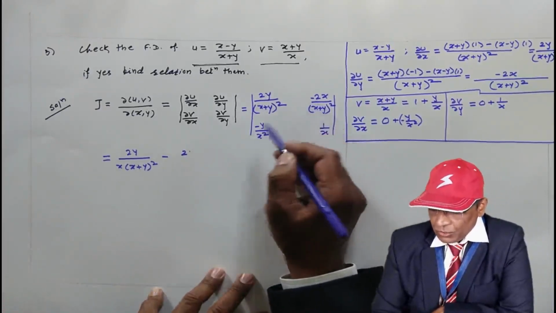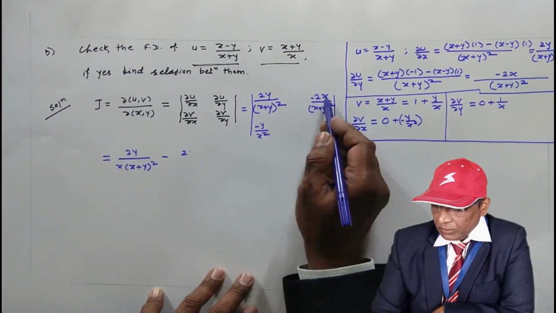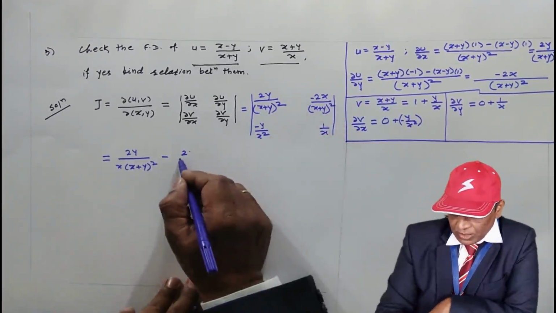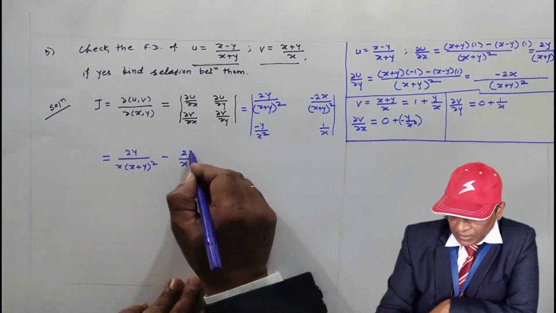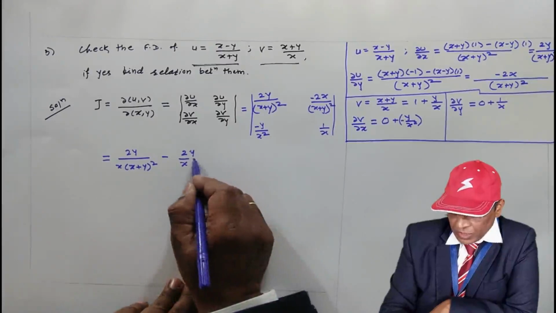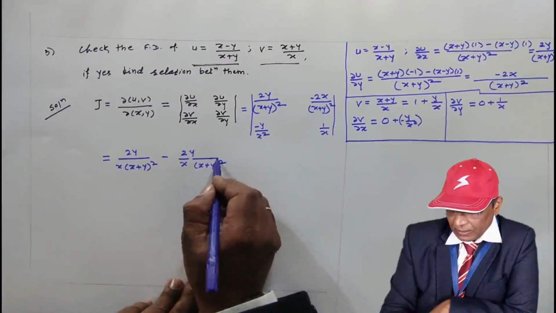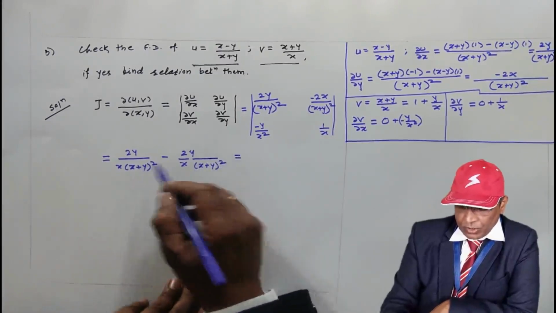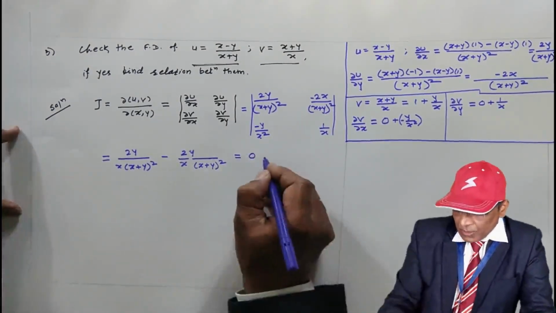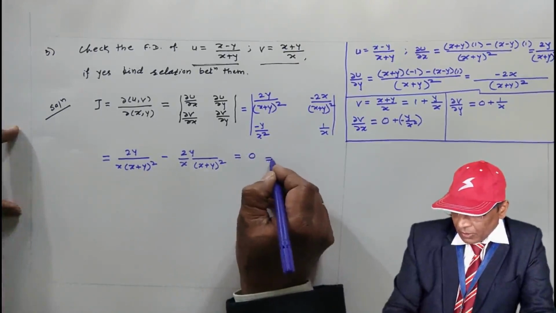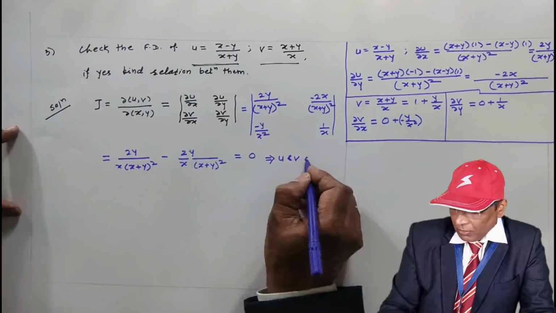If you multiply these two, minus minus will be plus, 2 I am writing, and 1 x will get cancelled, only one single x will remain in the denominator, y will be there in the numerator, and x plus y square will be there in the denominator. Directly writing. Now these two are same with opposite sign, so it is 0. This implies that u and v are functionally dependent.